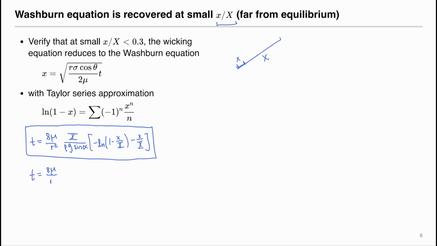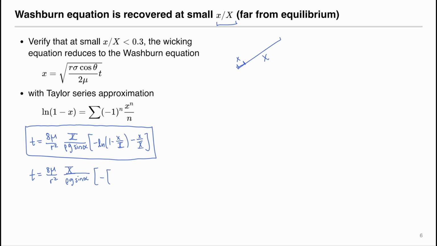So we first copy down the constants. And inside it, we'll have natural log of this thing. So the small x here will be the ratio. Let's write out the first few terms.